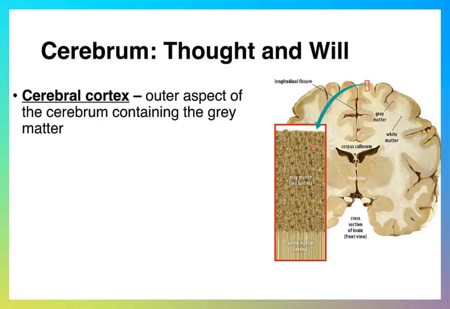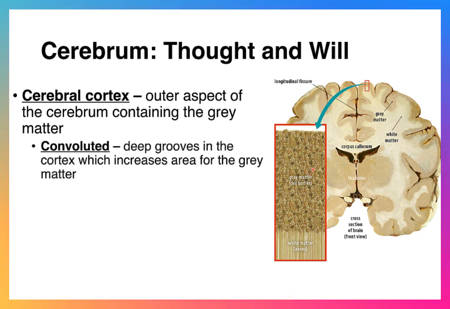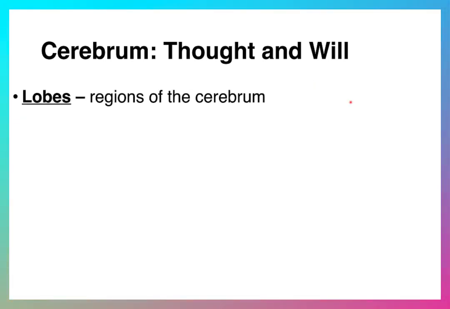The outer aspect is known as the cerebral cortex, and we said this is made up of the bodies of the cells in the brain. The inner part is deeply convoluted, and this deep convolution, as shown here, increases the surface area for the gray matter, which is where all the neuron bodies are. The regions of the brain are called lobes, and there are several regions of the brain.